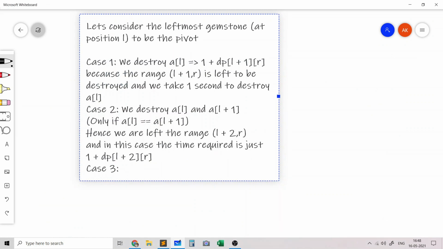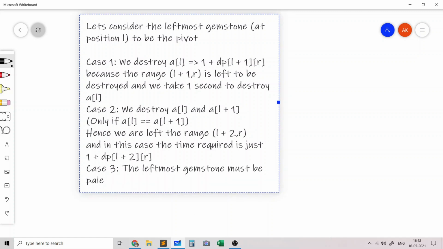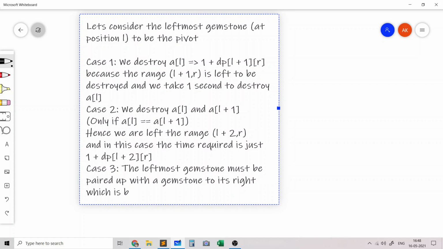So the key idea behind finding a solution in the third case is that the leftmost gemstone must be paired up with a gemstone to its right, which is between L and R.